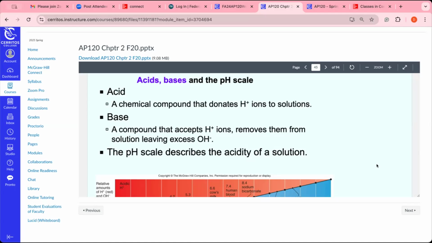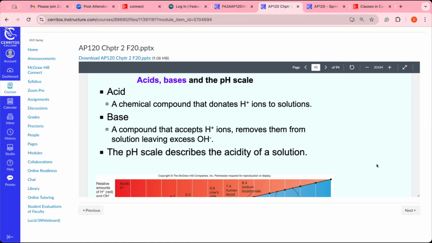So it leaves behind excess hydroxide ions. The pH scale describes the acidity of a solution. So how many hydrogen ions did you donate? If you're very acidic, like hydrochloric acid, you're like a 1.